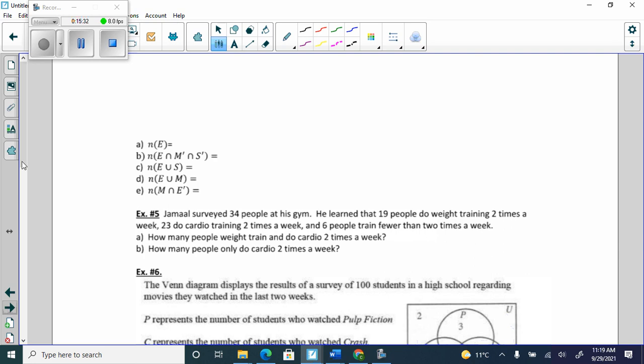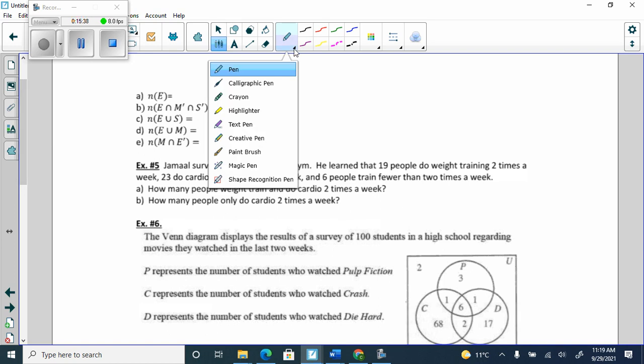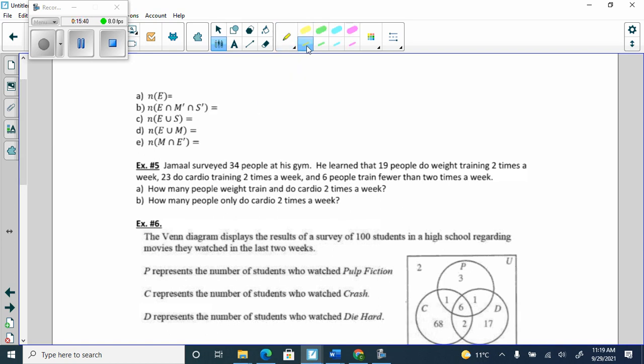So here it says, Jamal surveyed 34 people in his gym. Let's highlight stuff that matters or underline it. That's the total. He learned that 19 people do weight training 2 times a week, 23 do cardio 2 times a week, and 6 people train fewer than 2 times a week.